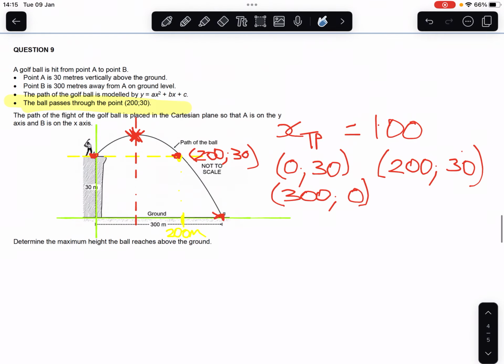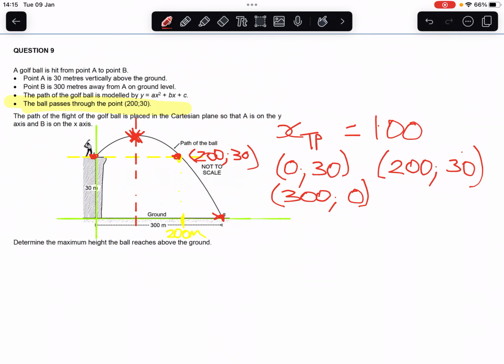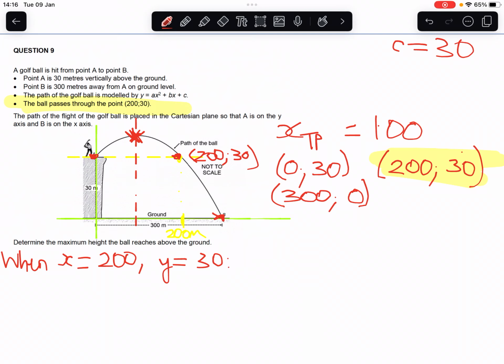So we now know that c is equal to 30. We're going to just hold on to this in the corner over here. Next point we have is, when x is equal to 200, we know that y is equal to 30. So let's sub that into our function.